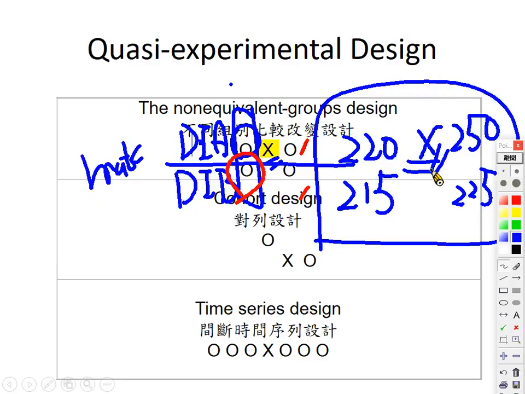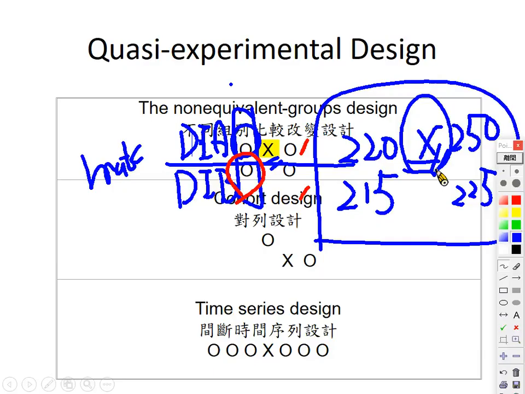Okay? So, this is part of the social study. So with this design, we still can understand how good this one is. Although it's not that accurate, we can still use this to infer the effect of the X toward the difference between the post-test scores.